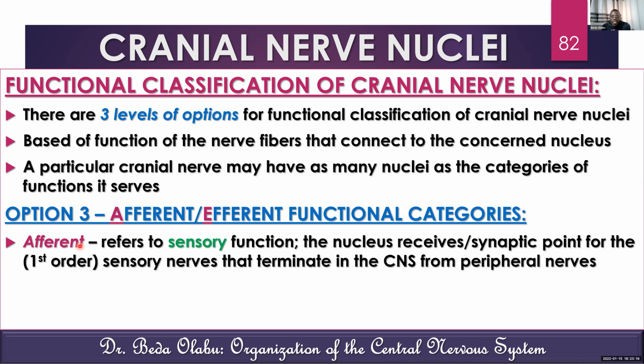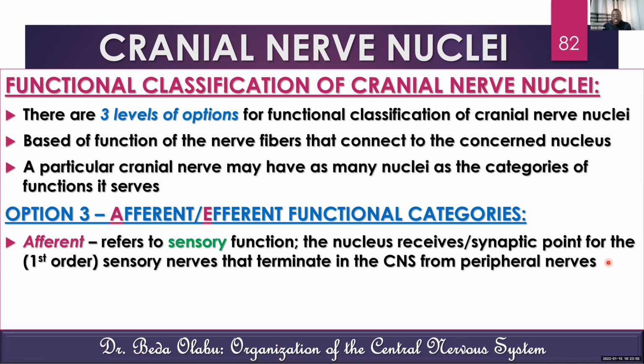So if this nucleus receives the central processes of the first order sensory neuron, then we call it a sensory nucleus or an afferent nucleus. As we mentioned, that is most likely, therefore, a cell body of the second order sensory neurons in the pathway of that particular sensation. The only exception is the mesencephalic nucleus of trigeminal.